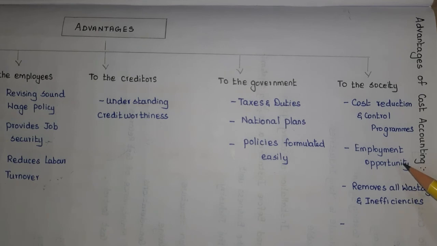It provides more employment opportunity in the cost accounting department of the firms. The last advantage for the society is where it removes all the wastages and inefficiency. This will enable the consumers to get goods of better quality and at cheaper rates.